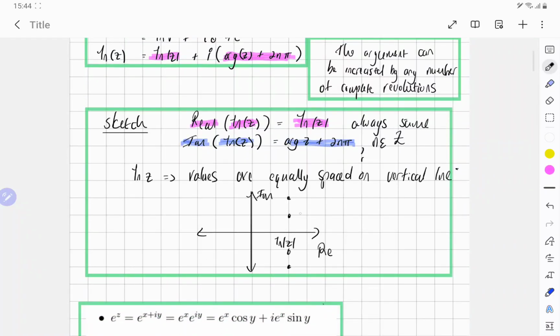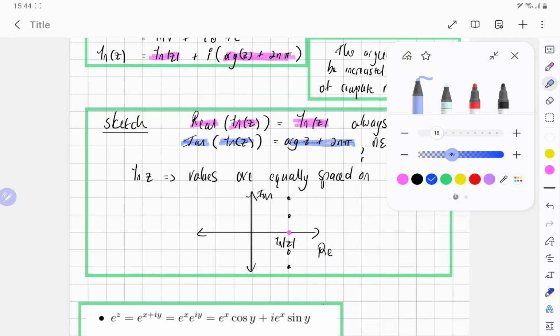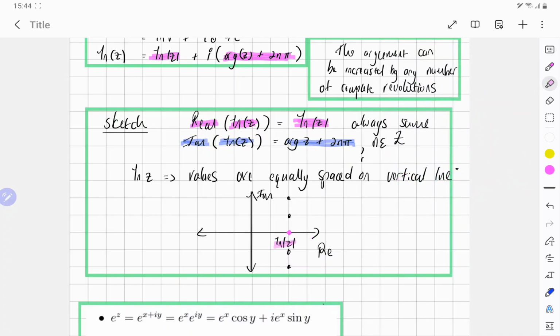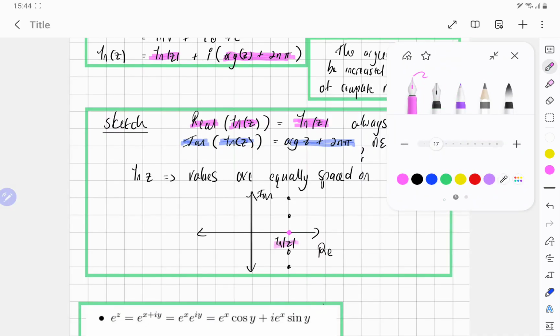So what we'll see later is that our real part stays the same.